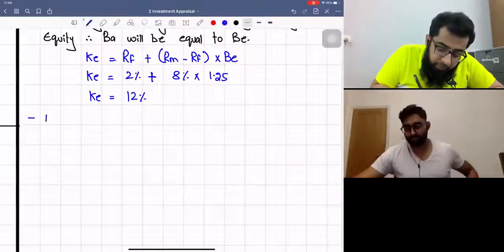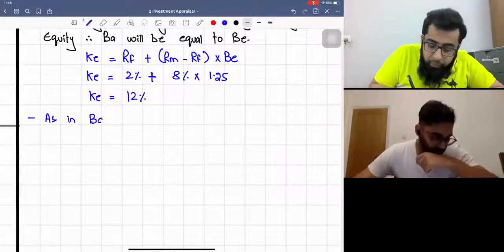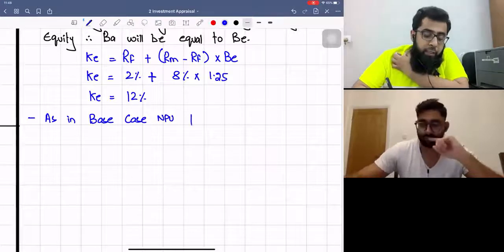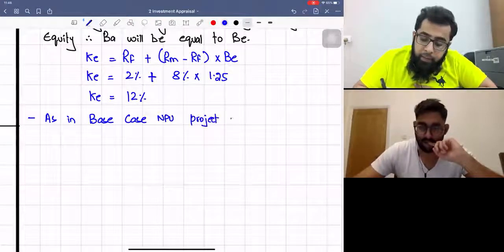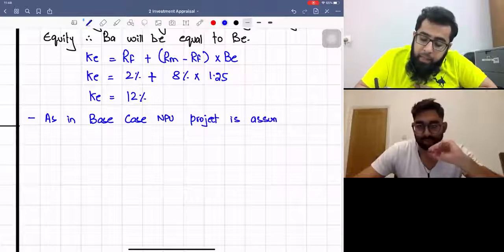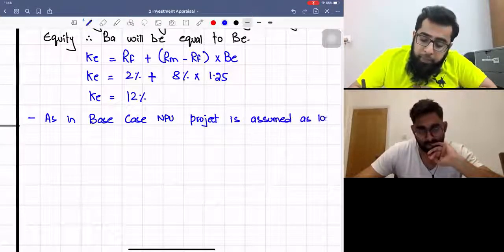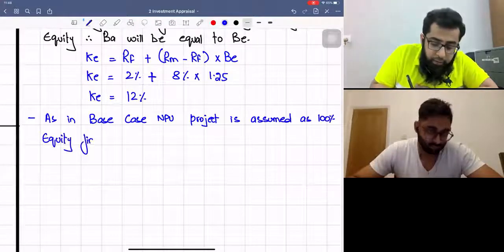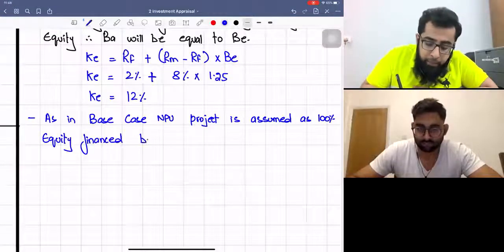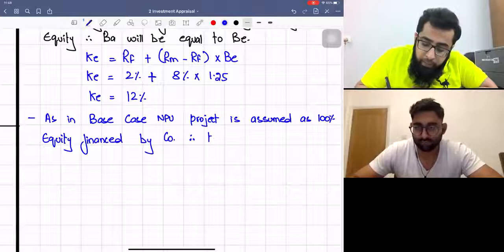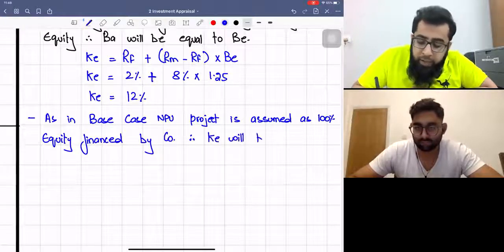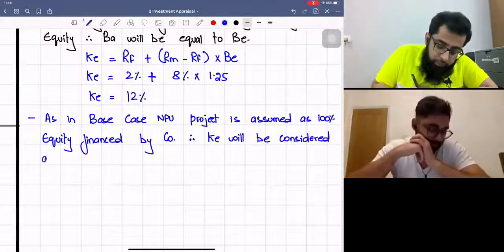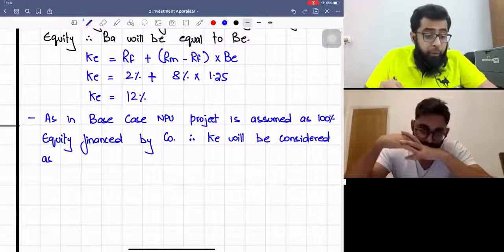As in base case NPV, project is assumed as 100% equity financed by company, therefore KE will be considered as WACC of project.